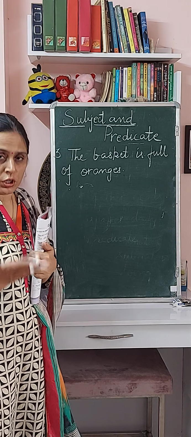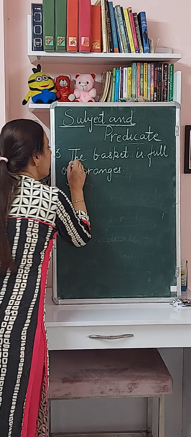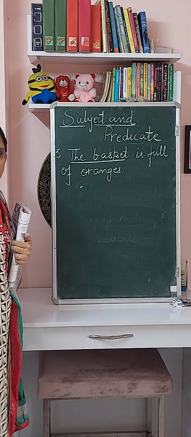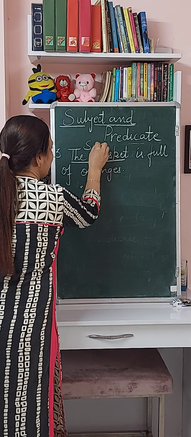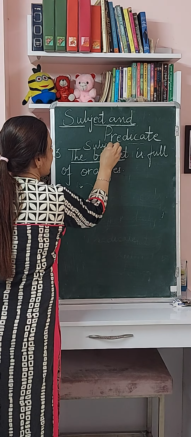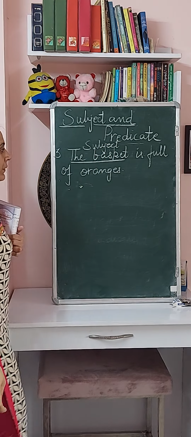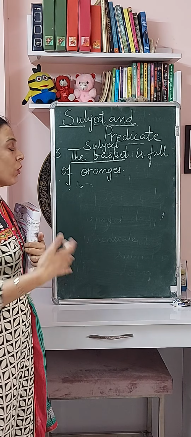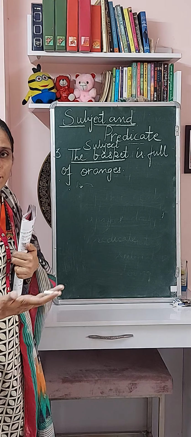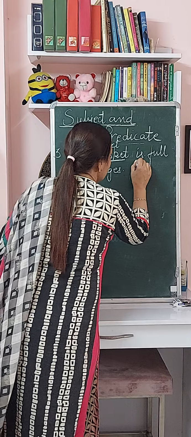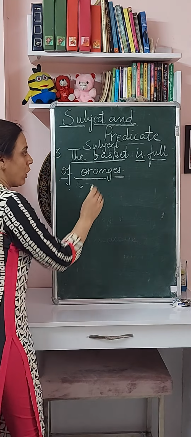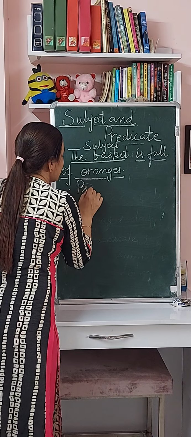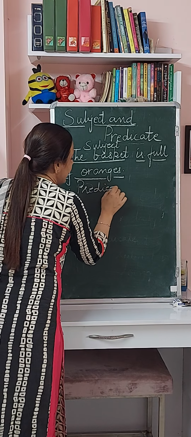We are talking about the basket. So the basket here is the subject. Now next, what are we trying to tell about the basket? That the basket is full of oranges. Now, is full of oranges is the predicate.